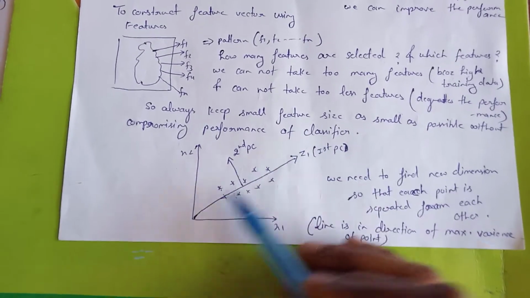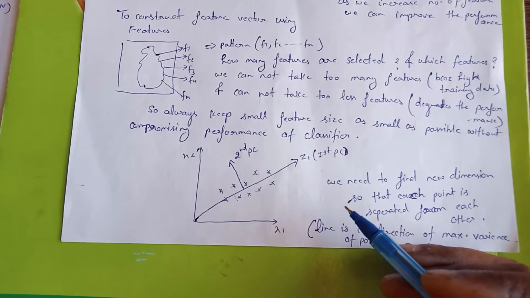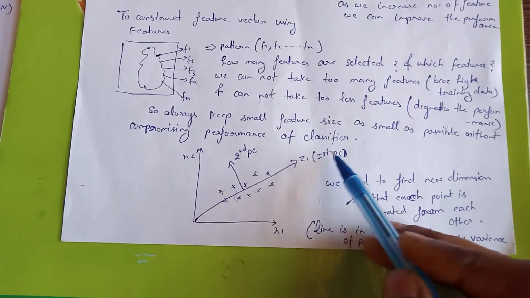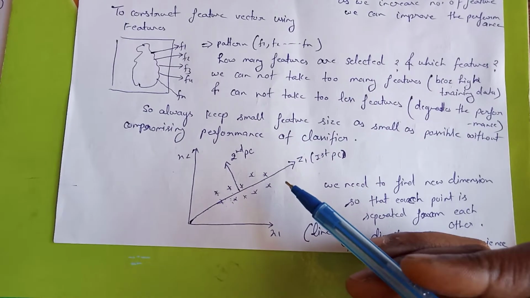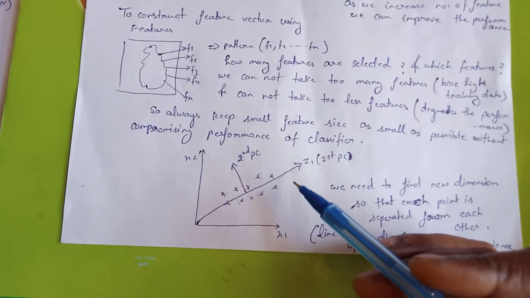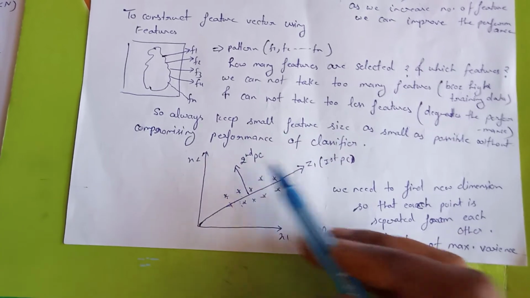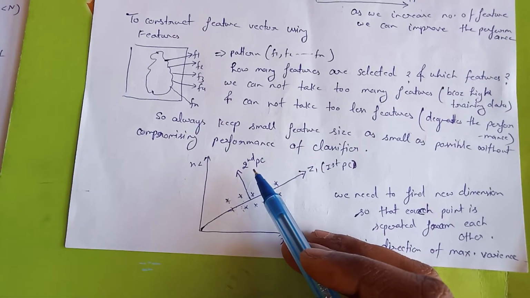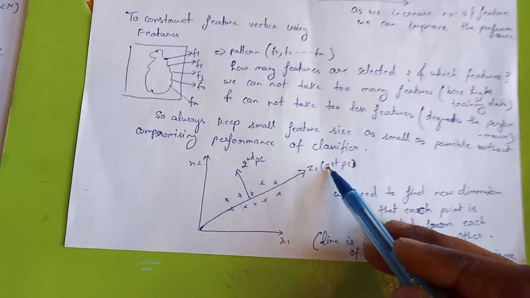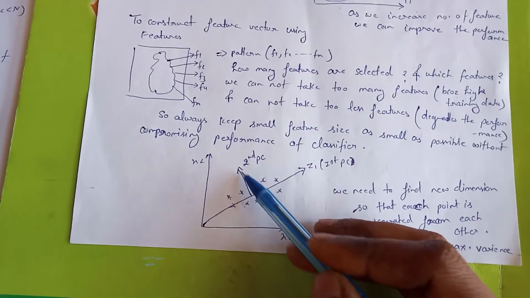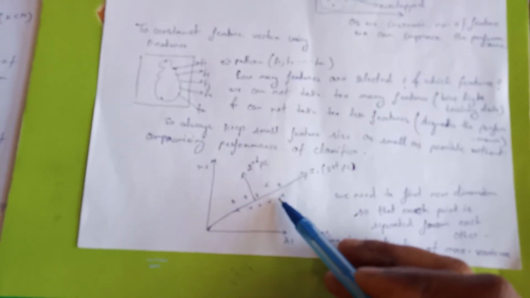Such a dimension is called a principal component, the first principal component. Similarly we can calculate other principal components, but each principal component is orthogonal to one another. Like, if the first principal component exists in this direction, then the second principal component exists orthogonal to this dimension.